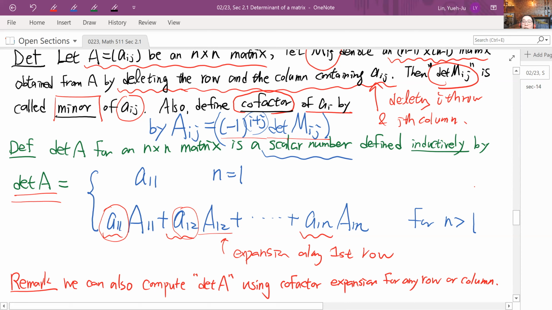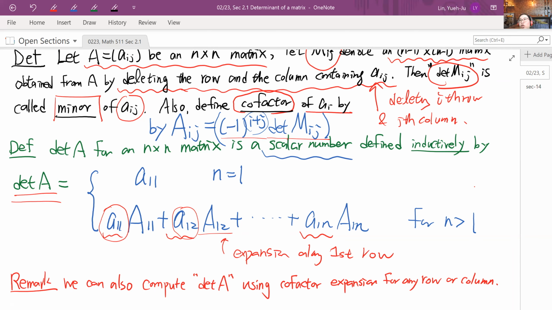You might argue that I remember a11 matches with determinant M11, because the index matches. But how am I going to remember the alternating sign? We always need to go back to this -1 to the i plus j power. It turns out that I'm going to show you pretty soon that there's a pattern, a shortcut, a trick that you can memorize for the alternating sign.